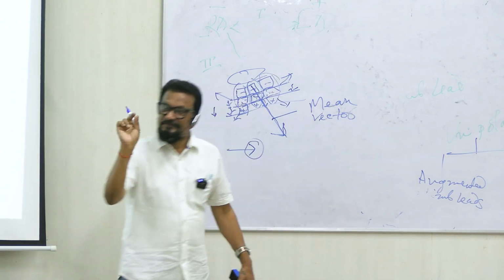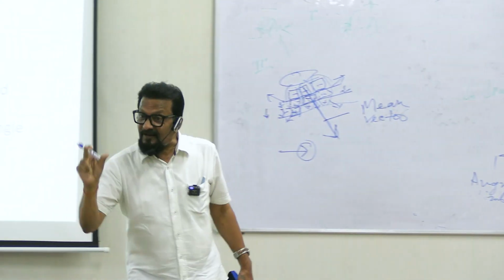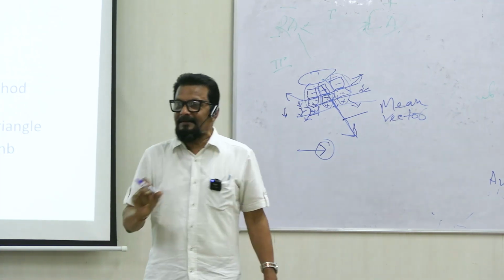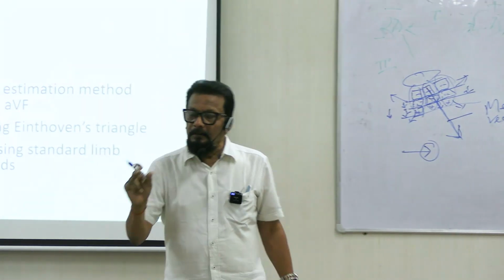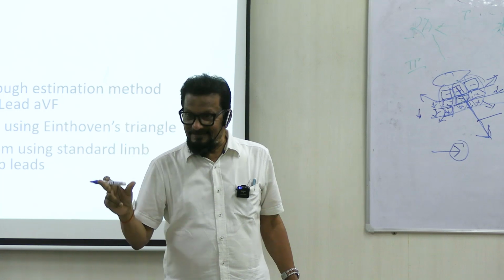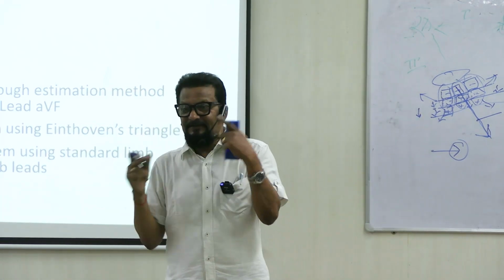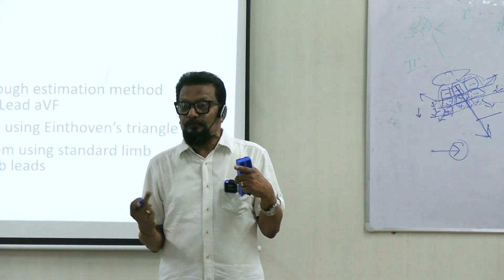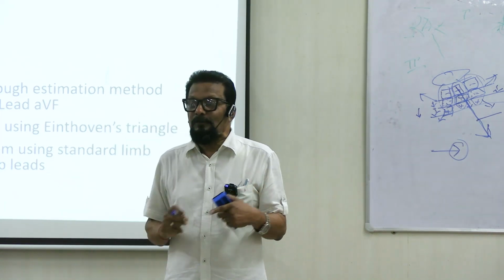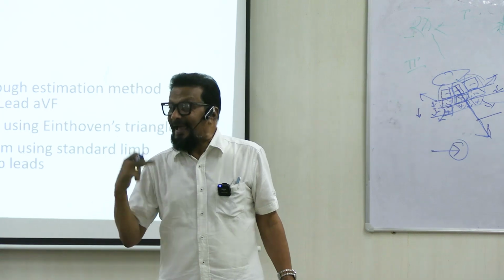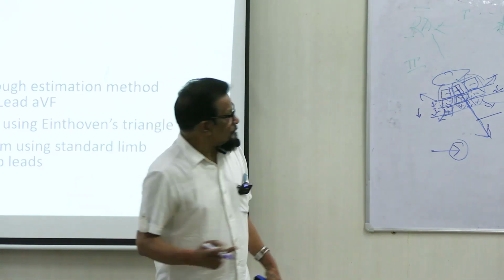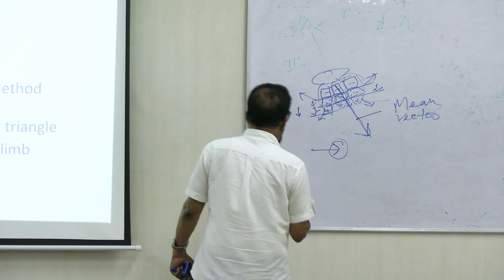So you understood what a vector is and what a mean vector is. This mean vector is called the electrical axis. Since we calculate this vector using the QRS wave of the ECG, it is also called the QRS axis. Various names can be given to it.